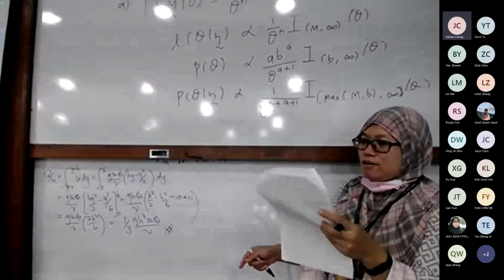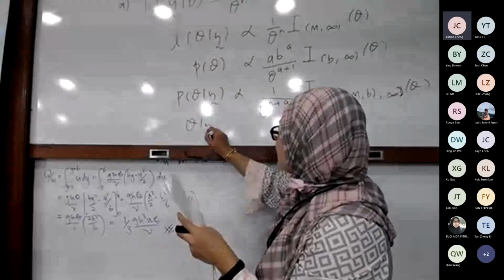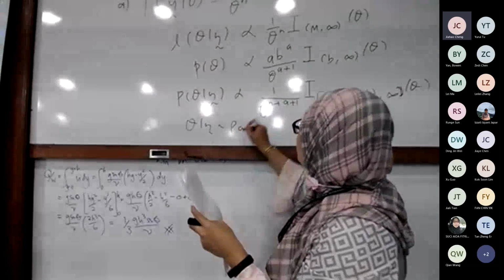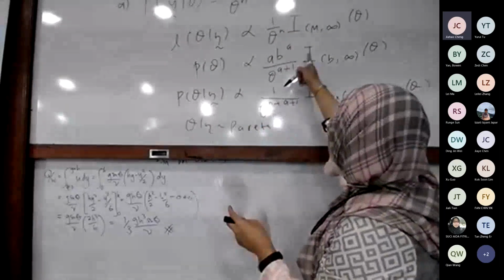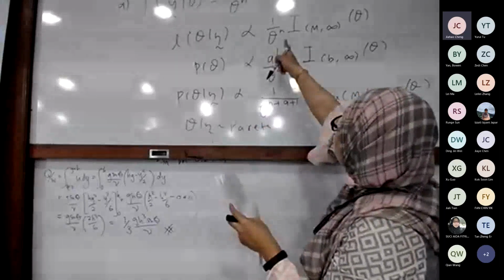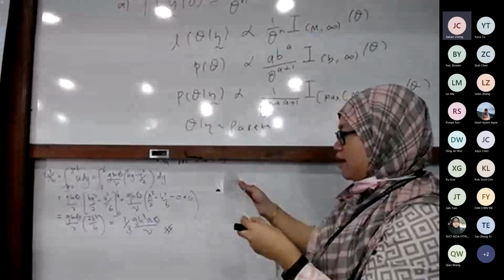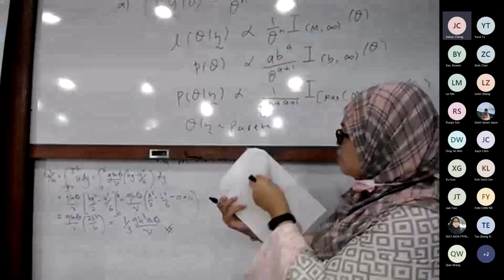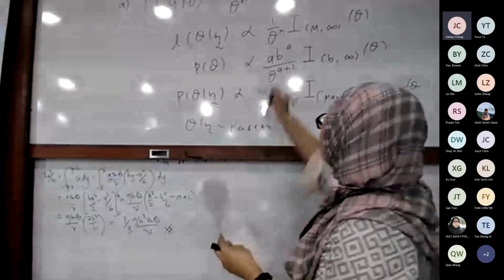All right. So this means that your posterior is actually a Pareto. This is a Pareto AB, and this is a Pareto N. Anyway, this is Pareto AB.